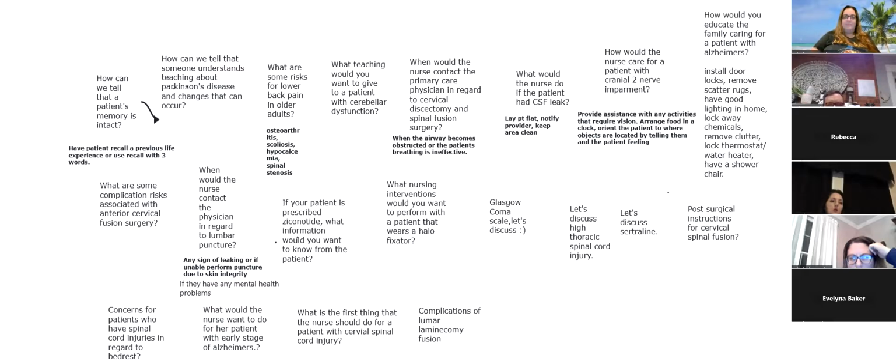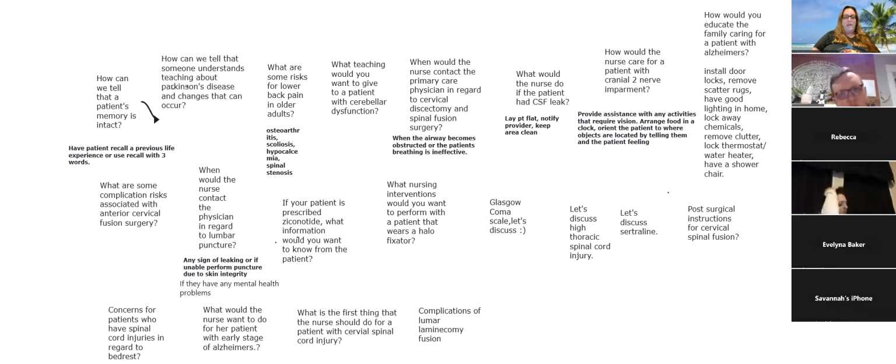Fine motor skills, balance, fine muscle, yeah. So whenever your patient's going home, do we think he's going to drive himself to his next appointment? No.